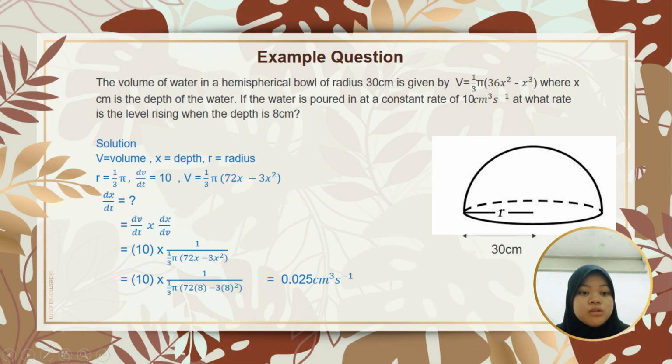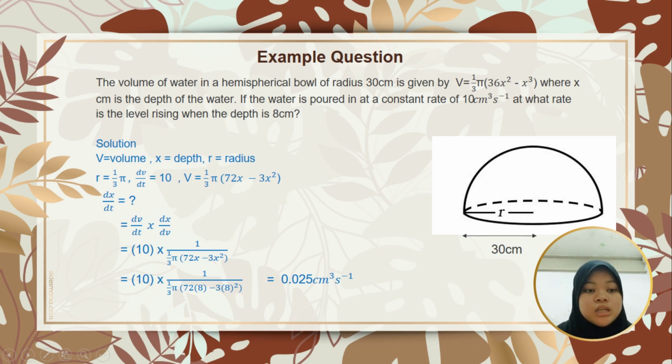Finally, I took out the volume equation, which is also in the question, and dV over dx, which is the differentiated version of the volume equation, equal to 1 over 3 pi (72x minus 3x squared). Now, when you've got all of that info down, you can go for the main issue in the question, which is to find dx over dt.